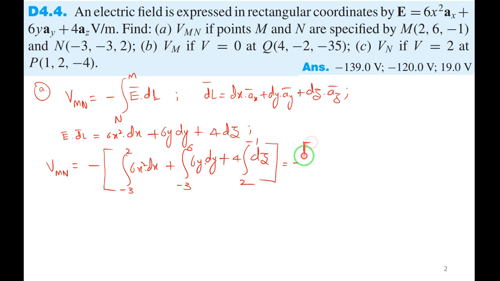So minus integration of 6 is given, so integration of x square is x cube by 3 and the limits vary from minus 3 to 2, plus 6 into integration of y square by 2, right?